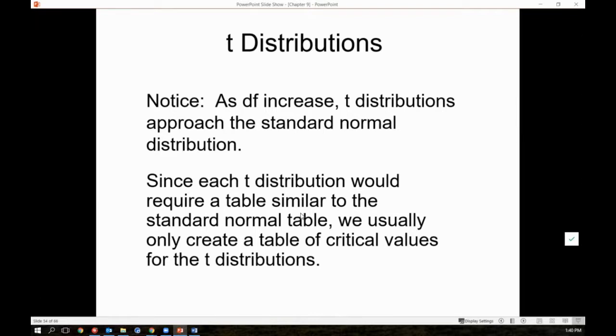But if you notice in your formula charts, I only have one t-table. I don't have an infinite number of tables. That's because for the t-distribution, usually all we're interested in is critical values. As far as this class is concerned, that's all we'll be interested in. So your t-distribution table is just a table of critical values.